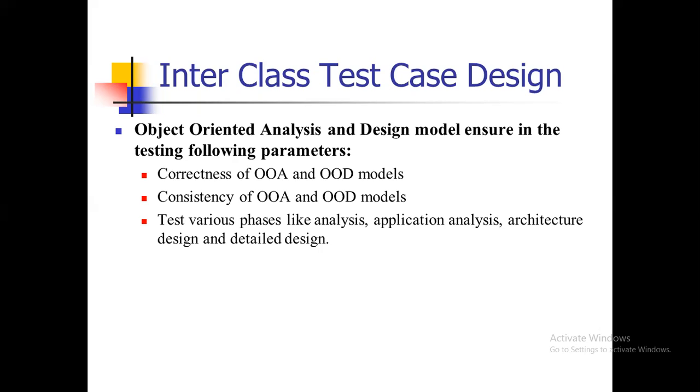There are some testing parameters for the object oriented analysis and design model: correctness of the object oriented analysis and design models, then consistency, and the third parameter is testing various phases like analysis phase, application analysis, architecture design, and detail design. So these are the parameters for testing the object oriented analysis and design model.